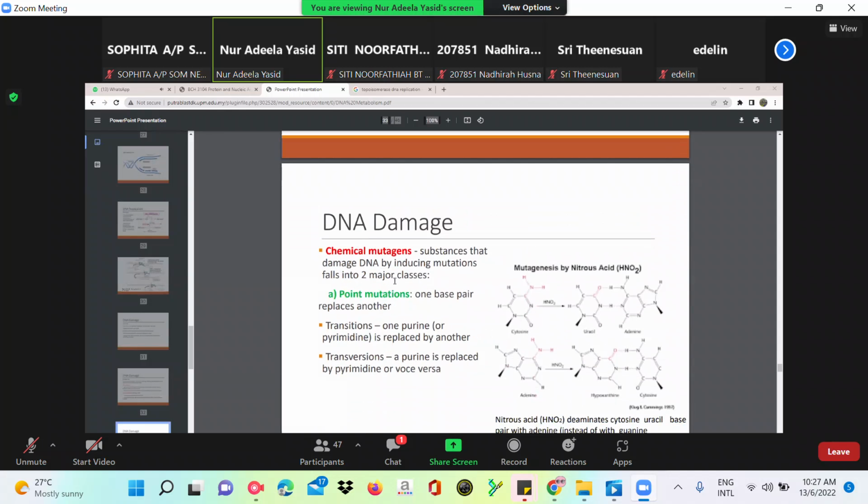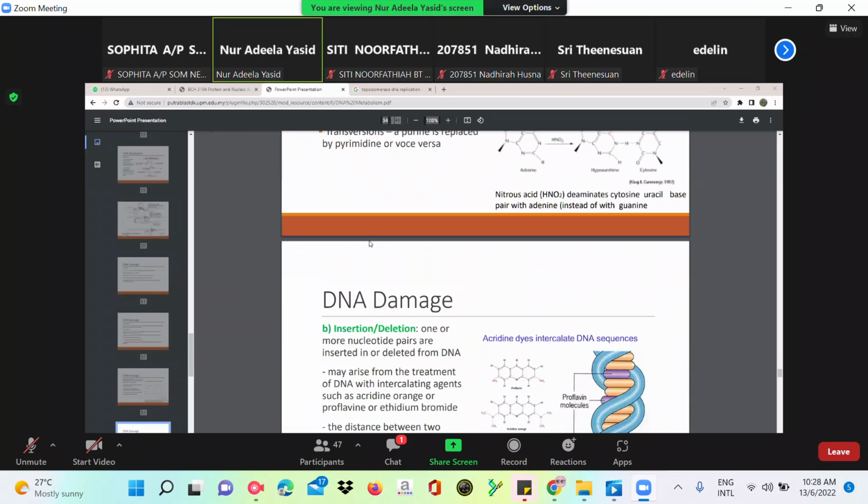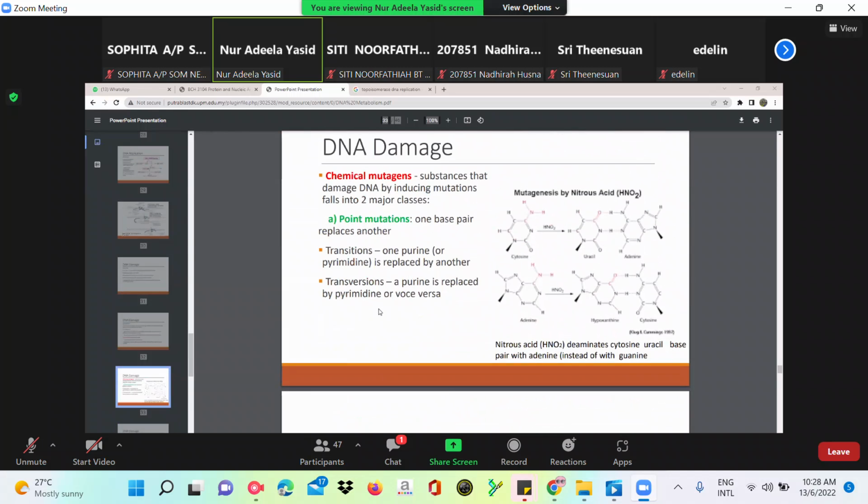Alright, for chemical mutagens, what are they? They are molecules or substances that damage DNA by inducing mutations, which fall into two major classes: one is point mutation, and the other is insertion or deletion.